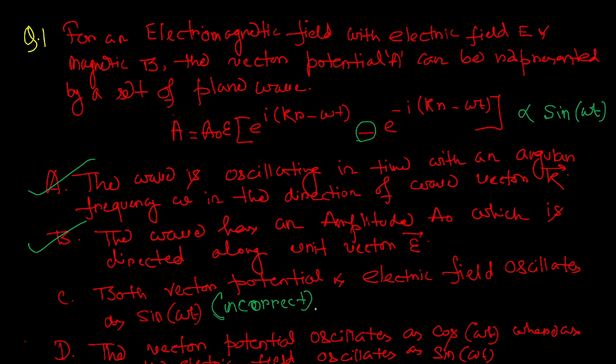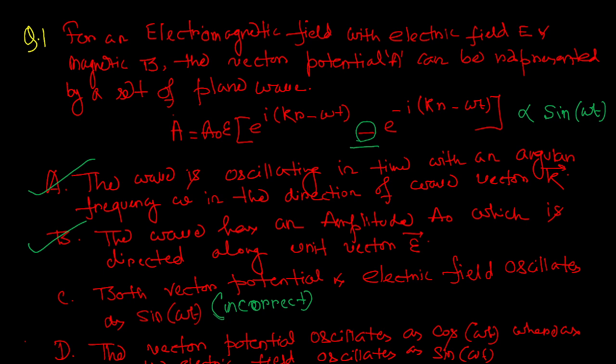Now the vector potential oscillates as cos omega t, whereas electric field oscillates as sine omega t. Just look at your assignment: is it minus or plus? If it is plus, then the option is correct. And if the expression of the plane wave function has a negative in between, then the option is not correct, it will be reversed.